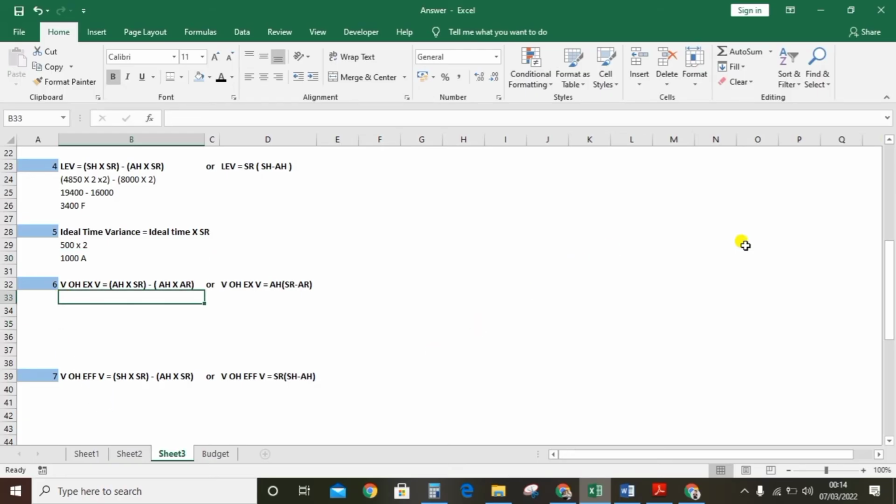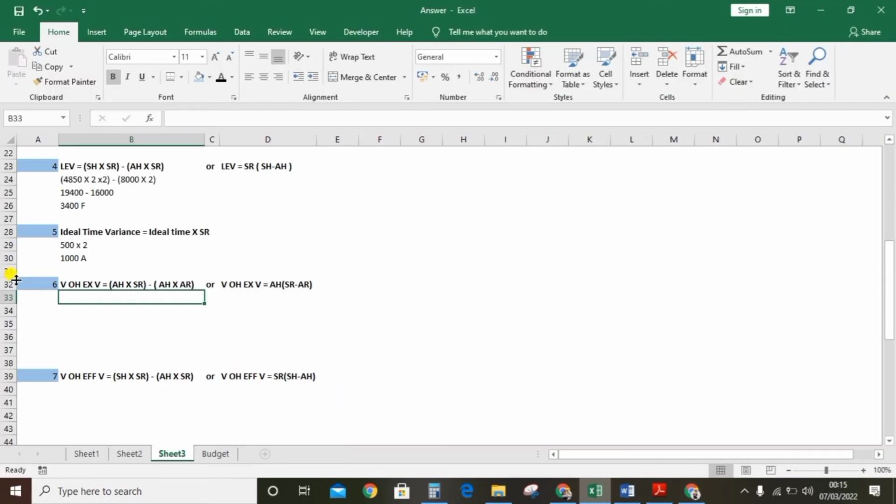And next we need to calculate the variable overhead expenditure variance. So variable overhead expenditure variance, in here the same equation, AH into SR minus AH into AR, or AH within bracket SR minus AR.